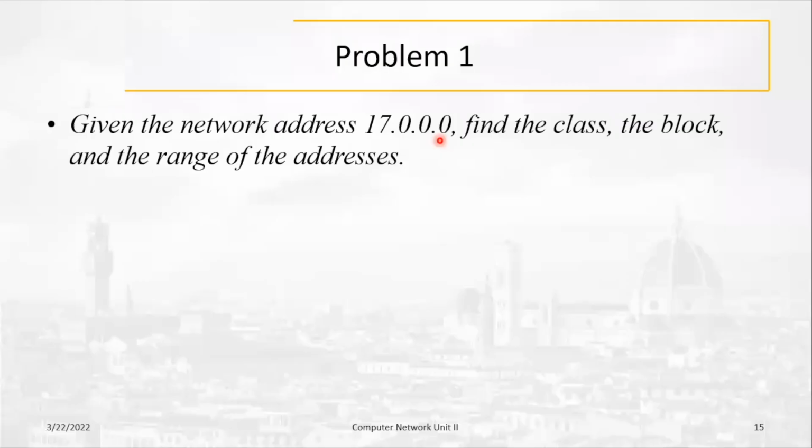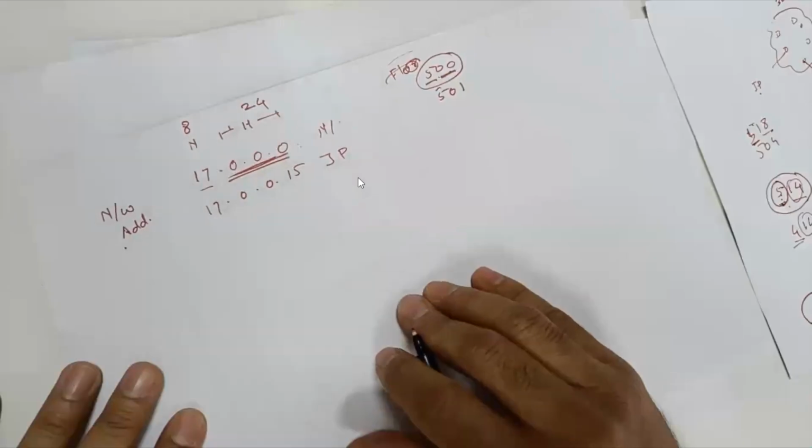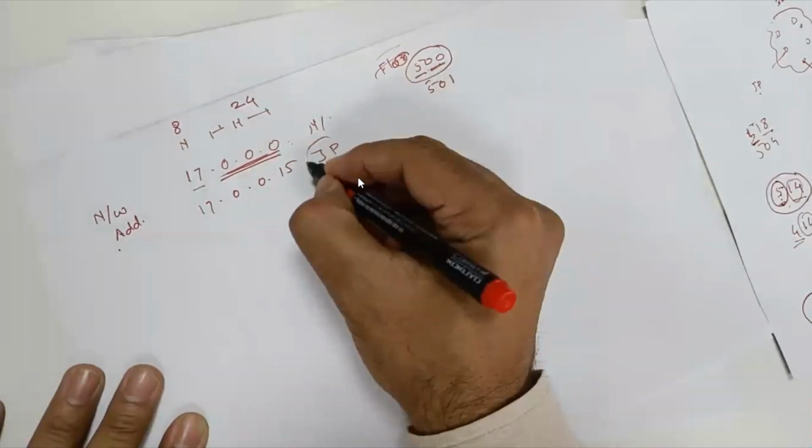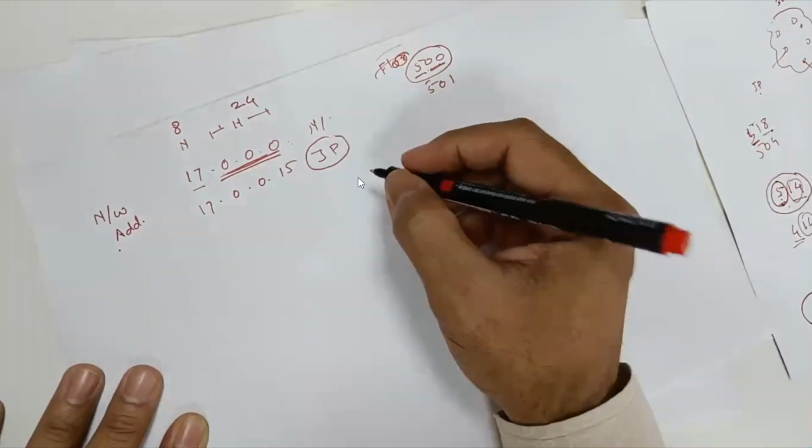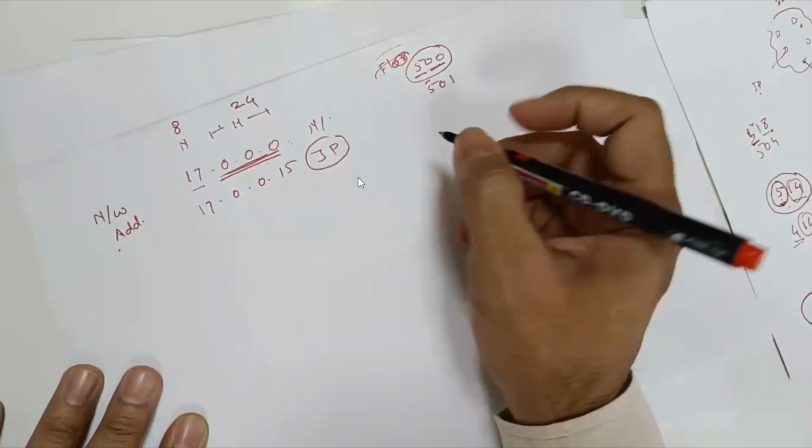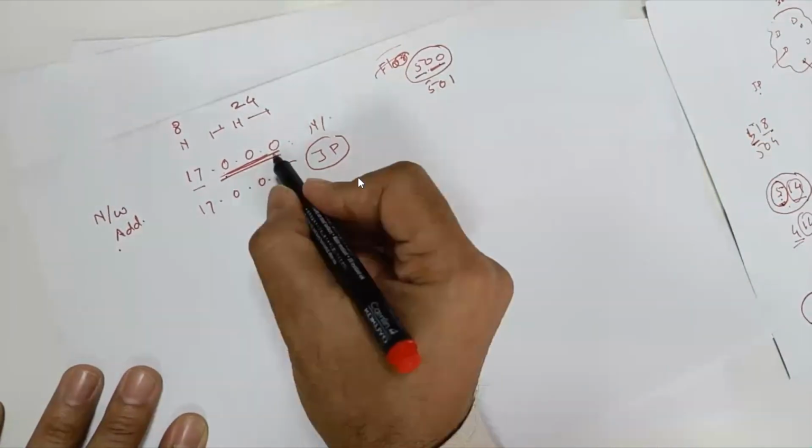Now let us go back to the problem. What is asked? Find the class. Class is A. And the block and the range of IP addresses. Range of IP addresses means what is the lowest IP address you can have, and what is the maximum IP address you can have. You cannot have all zeros in the host bits.